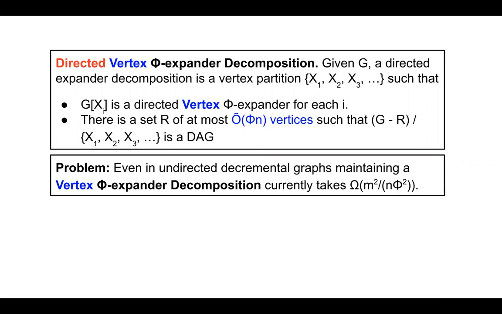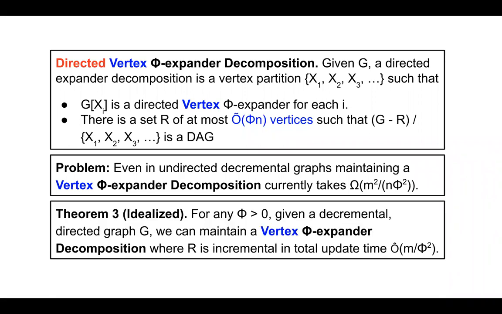One of the reasons is that you need to periodically re-embed expanders to show that they are still expanders, and that currently takes m squared over n phi squared time to maintain a vertex phi expander decomposition, which is a lot. And what we show is that if you use a special technique for embedding expanders, you can get the same total update time as for a normal edge expander.